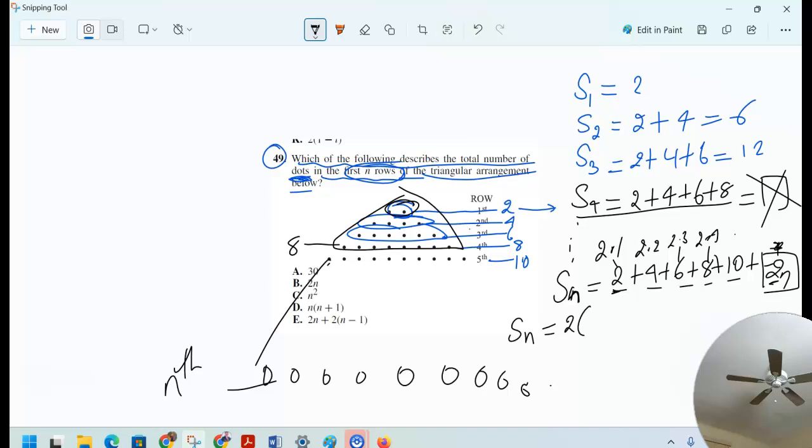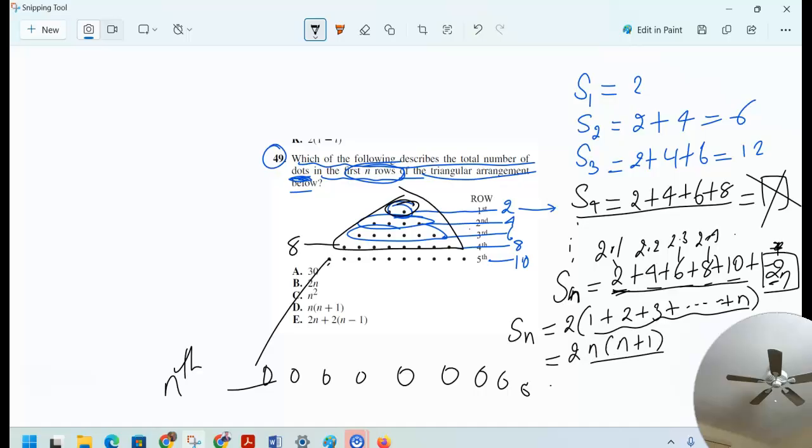So directly we could also do that. You can see there's a 2 common. So if I take 2, this becomes 1 plus 2 plus 3 and so on till n. And 1 plus 2 plus up to n is the same as n times n plus 1 divided by 2.